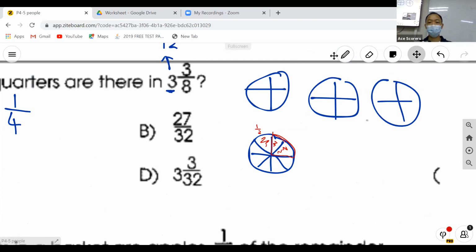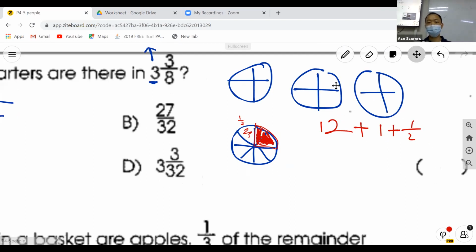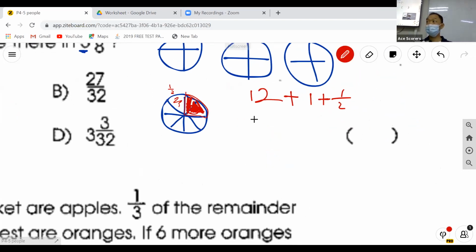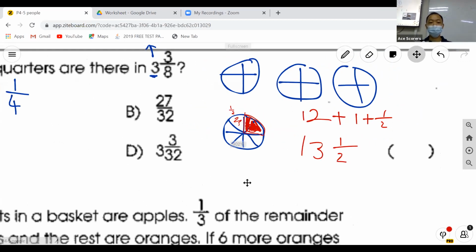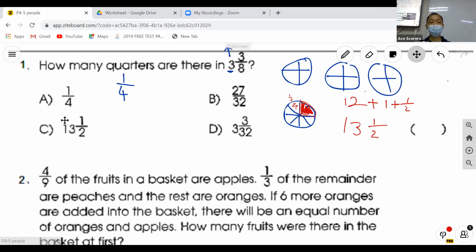So here there's 12 quarters, and then plus 1 more, because this is a quarter, and then there's a half a quarter, so plus another half. Okay, so how many quarters are there together? 13.5. Now which number shows me 13.5? Right, C. The answer is C.